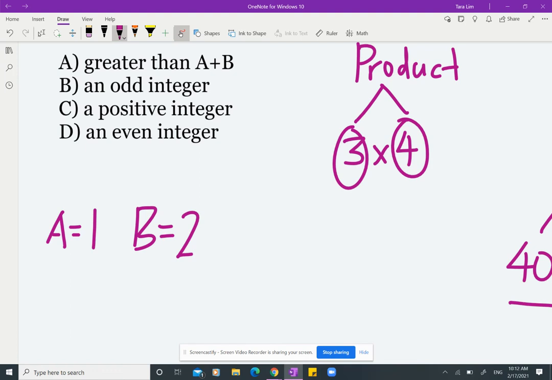It's an even number. So if we do another example, for example, let's do A is 31 and B is 32.